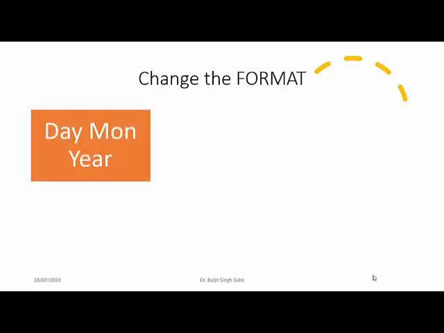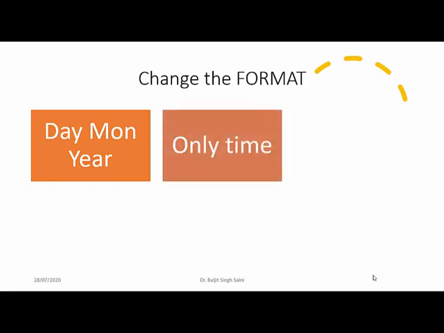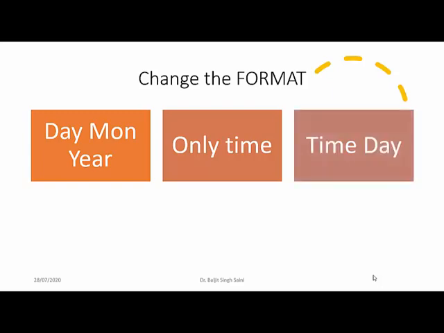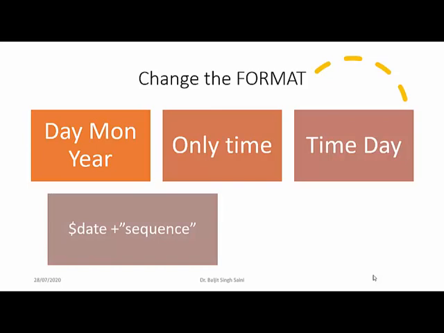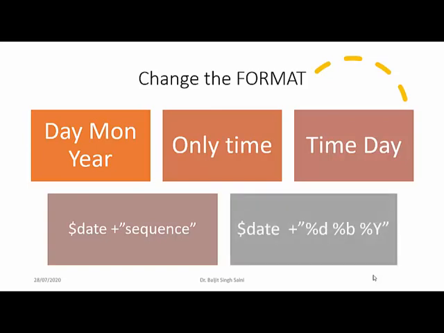Like you do not want the time zone, or you just want the day, month and year, or only time or date and time. So if you remember that there was something as format in the syntax of the date command. So the first thing that we are going to do is change this format.